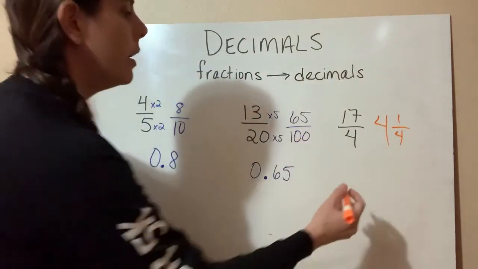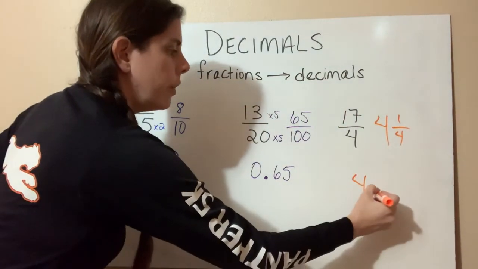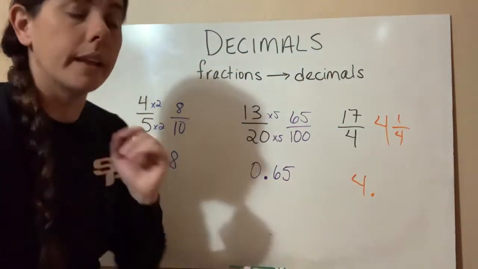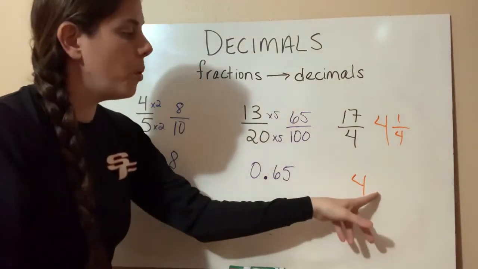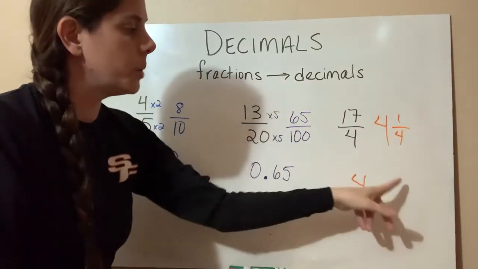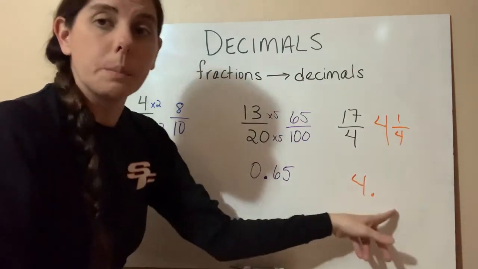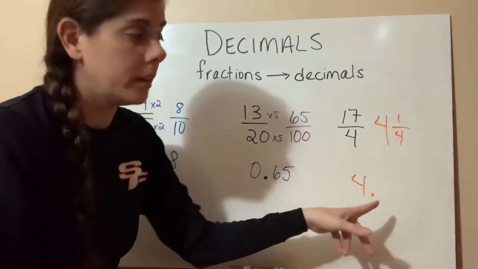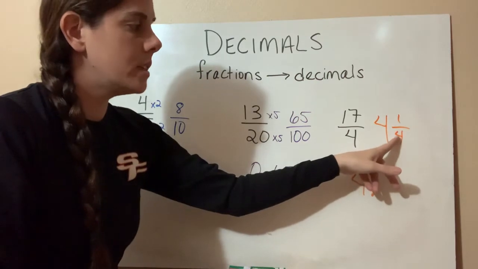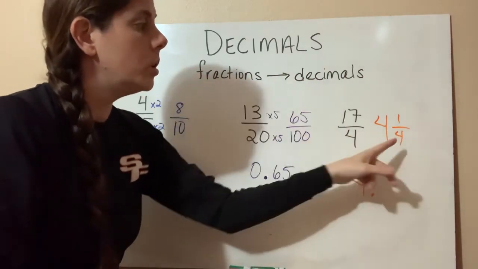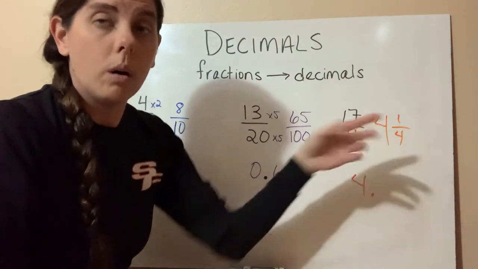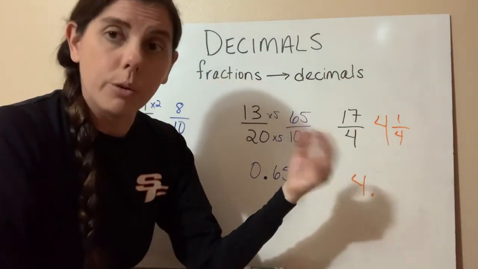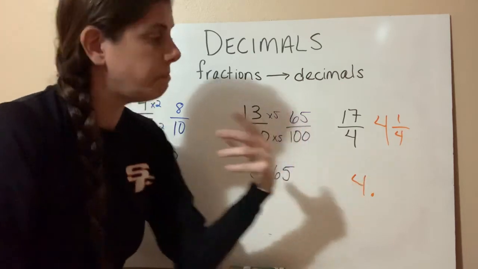This 4 is going to become the whole number to the left of our decimal. So 4 point. The fraction is what's going to equal what's behind the decimal, to the right of it. Can we get this number to equal a 10 or 100 or 1,000 evenly? Well, we can get it to equal 100 evenly if we multiply by 25, right?